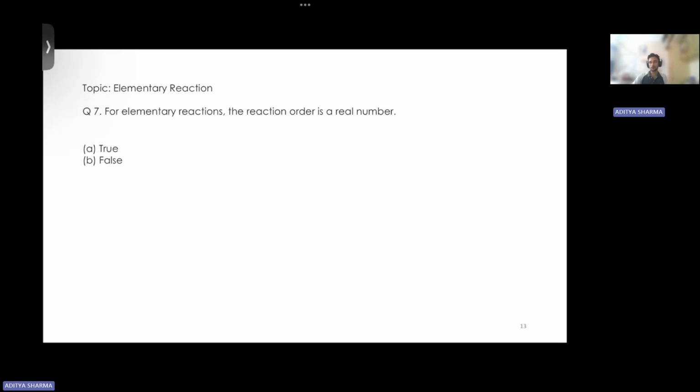Okay. So for your global reactions, the order can be, it is not a compulsion that order has to be an integer, right? It can be in decimal also.